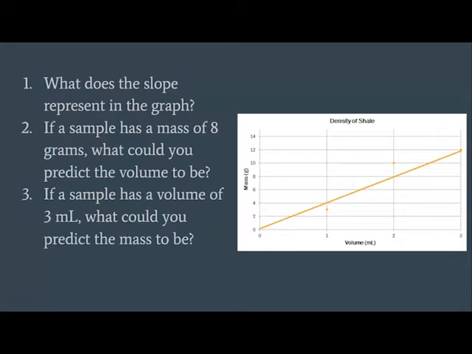So my slope is 4. What are the units for this going to be? What do you think? mL is a part of it. What do you think? Grams is a part of it. All right? Which side is grams, my x or my y? My y. So up here, these were grams.